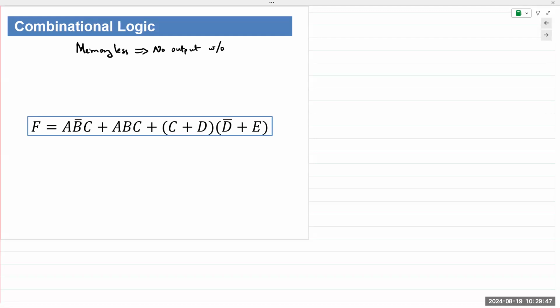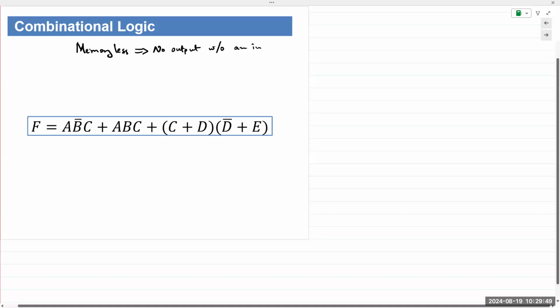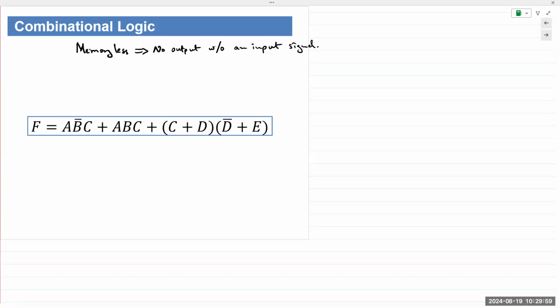No output without an input signal. Basically, when we talk of logic circuits, we don't consider the power supply at all. It is implied that the power is already present. So if you're talking about applying an input to a logic gate, we assume that the power is already present. Okay.